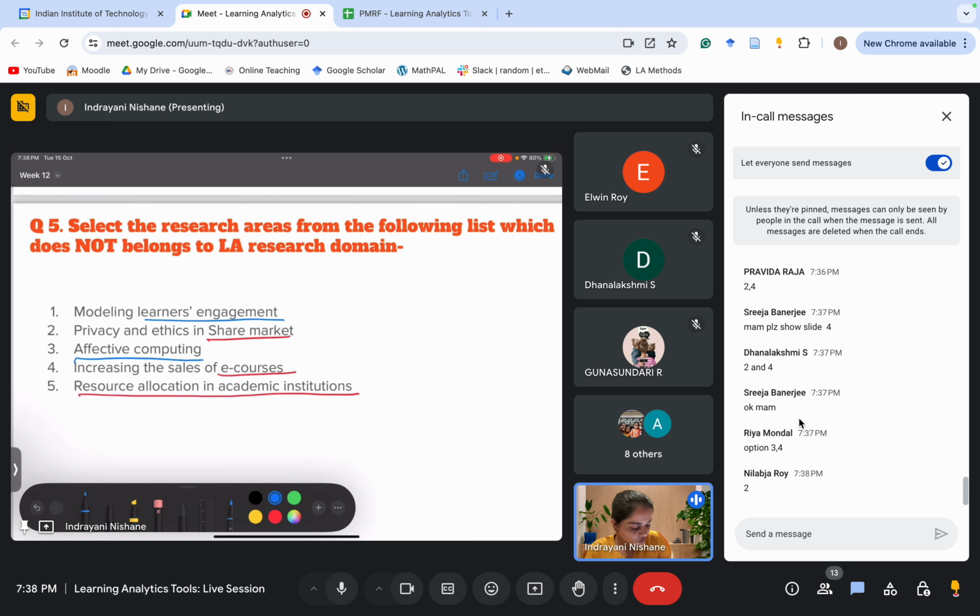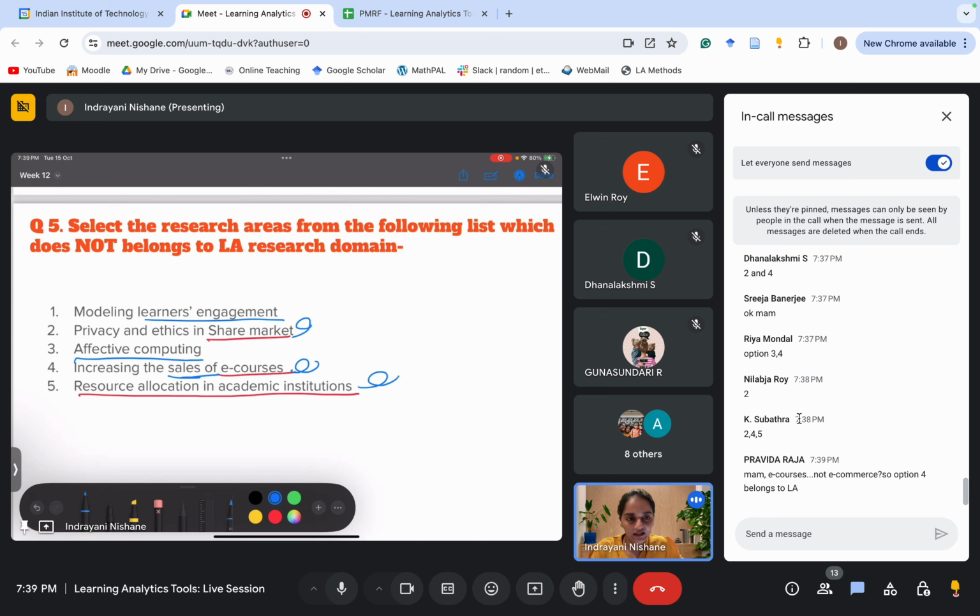So when we are talking about students, it is learning analytics. When we are talking about anything else, it is not learning analytics. So here we are talking about share market, here we are talking about increasing sales of e-courses, here we are talking about resource allocations for academic institutions. So all these options are not learning analytics, but modeling learner engagement and effective computing are part of learning analytics.